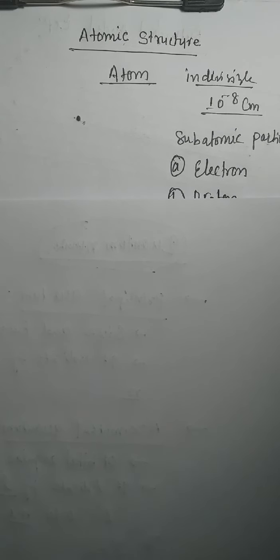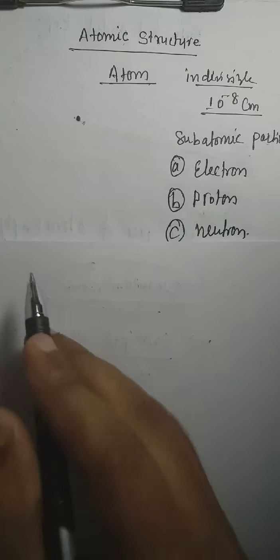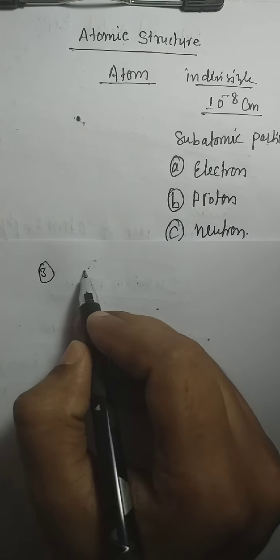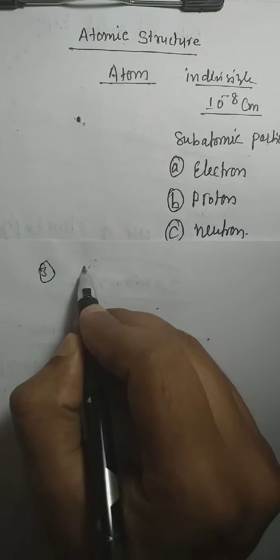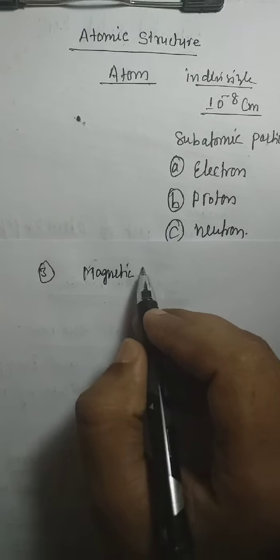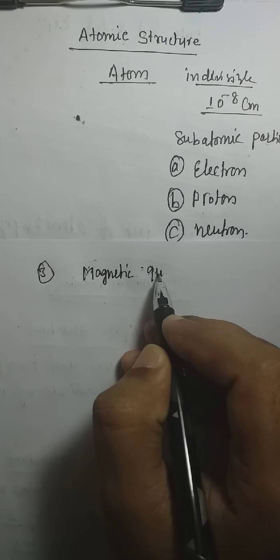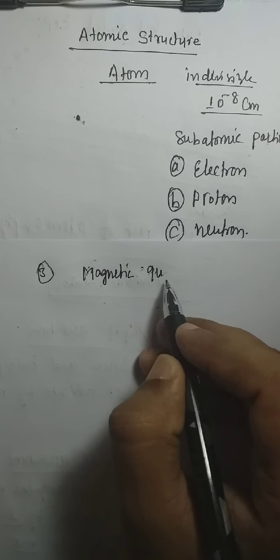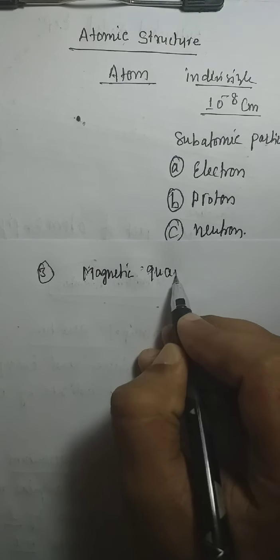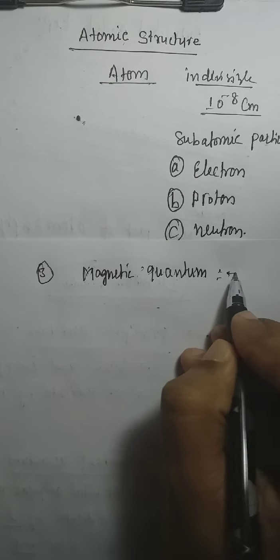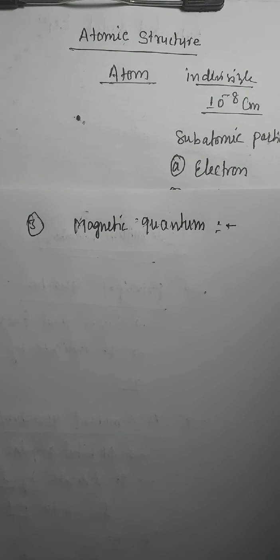The third quantum number is called the magnetic quantum number. Some people say magnetic orbital quantum number, but we are not too concerned, because all of these give an idea about orbitals only, so we don't require the name orbital.